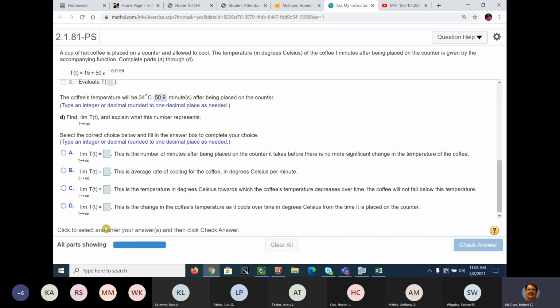Room temperature. Will it go below room temperature? No. So you have a limit. Even though you're going to infinity, you're not going to pass what? Room temperature.